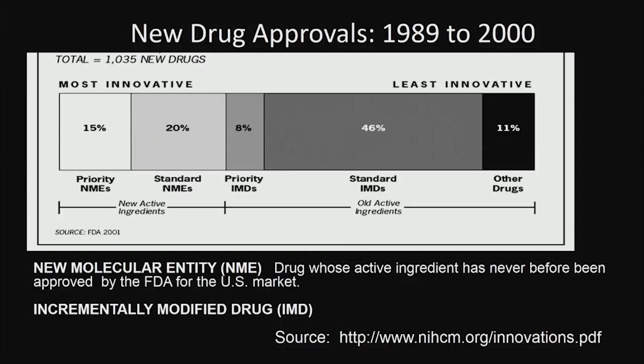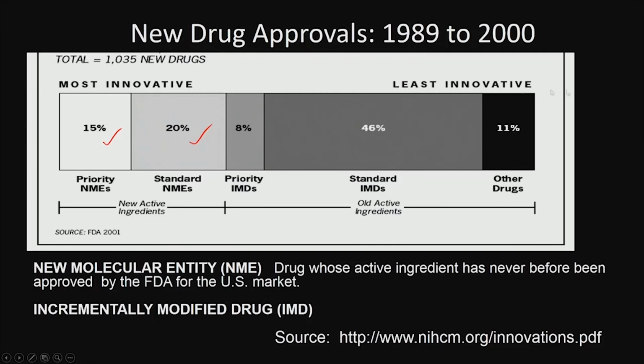Only about 15% has gone for approval as a priority and about 20% as standard new molecular entities for approval from the FDA. Then we have about 6% that is called IMD, that is incremental modified drug.